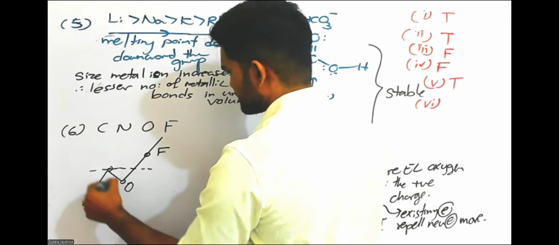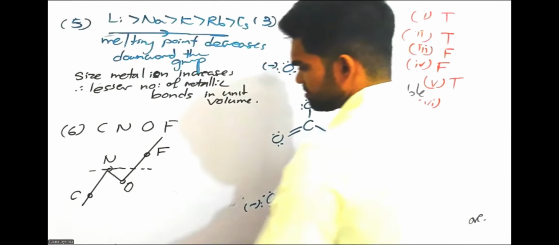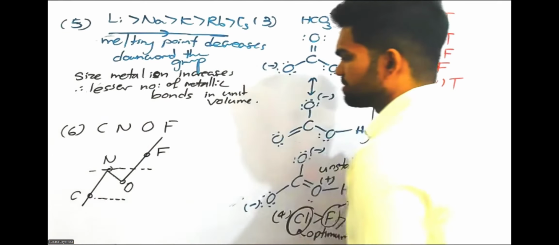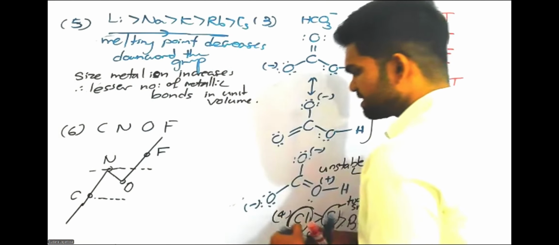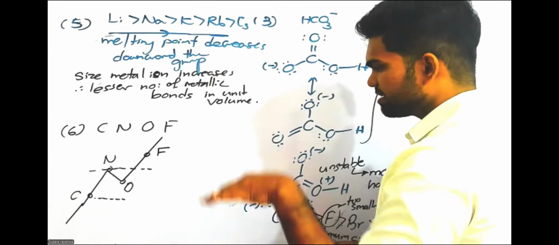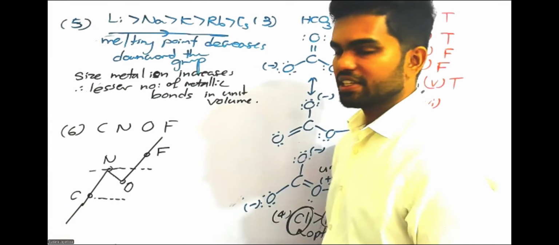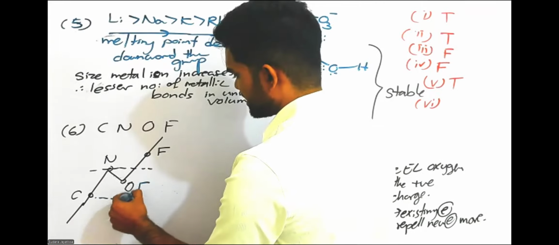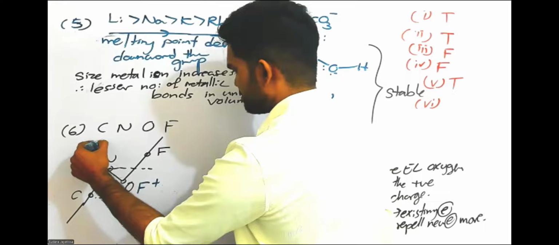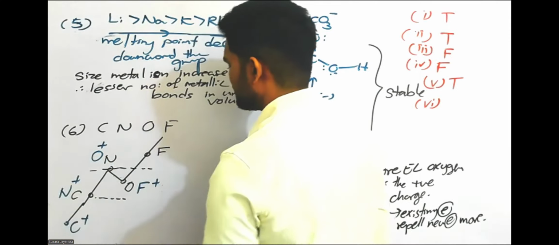Fluorine, oxygen, nitrogen, and then carbon. These are the first ionization energies. No? So second ionization energy is simply taken by coming one backward because it assumes the previous element's electronic configuration. So F plus will be right here and O plus will be here, N plus, and C plus will go one further down.